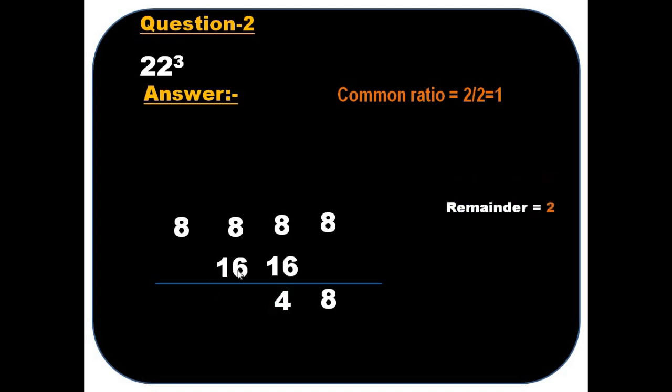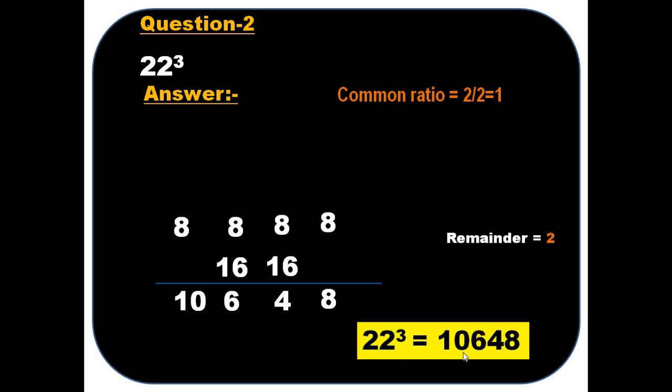Again 16 plus 8, 24 plus 2, then 26. The remainder is 2 again. 8 plus 2, 10. So our answer 22 cube is 10,648.